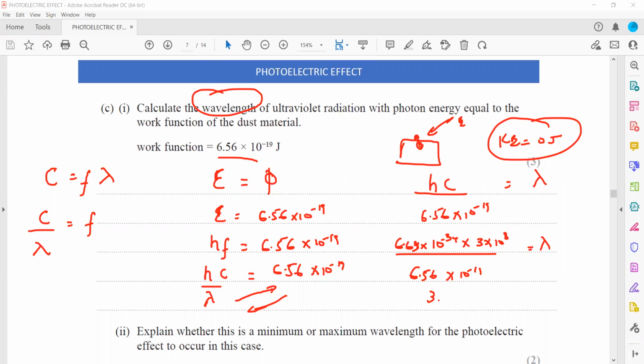This will give the wavelength as 3.0 times 10 to the power minus 7 meter. So the wavelength of the light associated with this frequency is 3 times 10 to the power minus 7 meter.